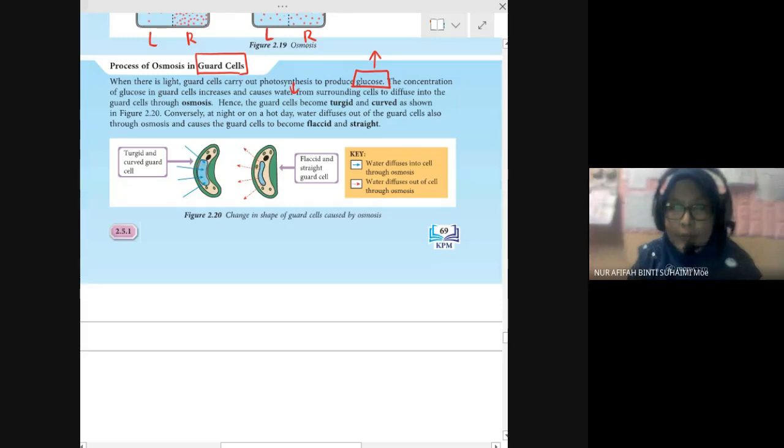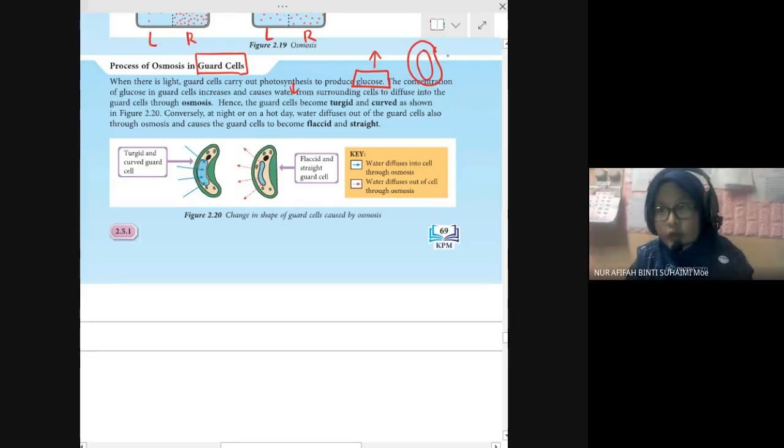Okay. When the glucose increases, there is a lot of sucrose in the guard cell. Then it needs water. Water will automatically enter the guard cell to balance the concentration of water. Understand?